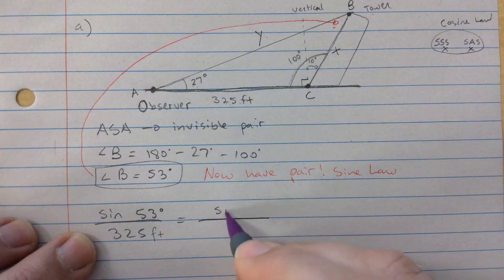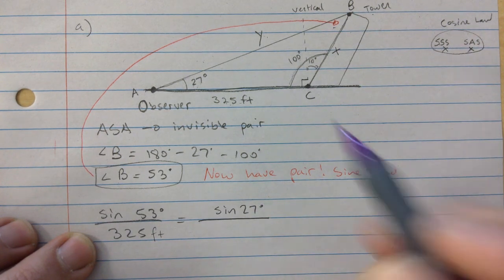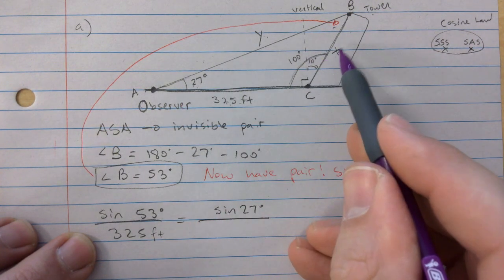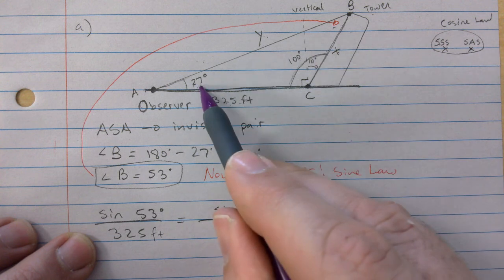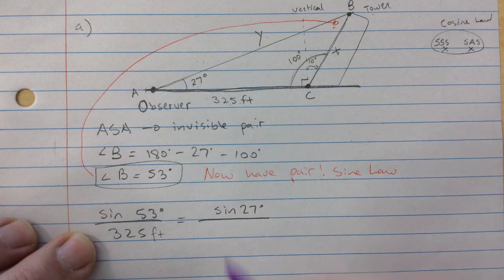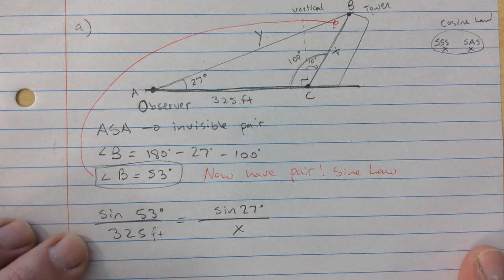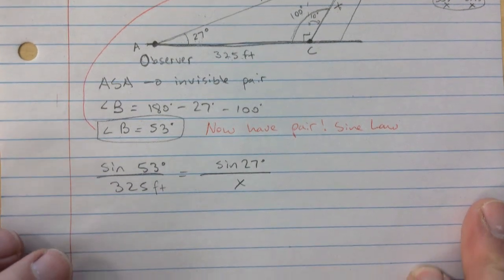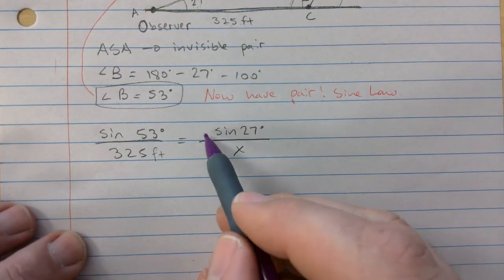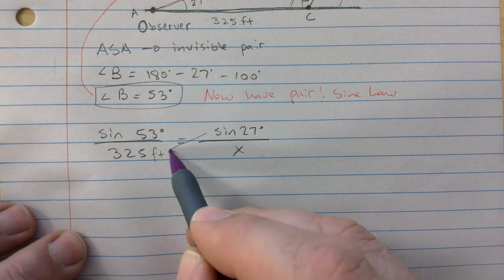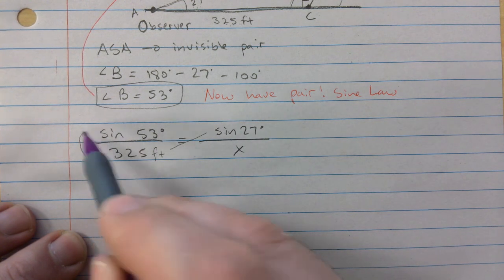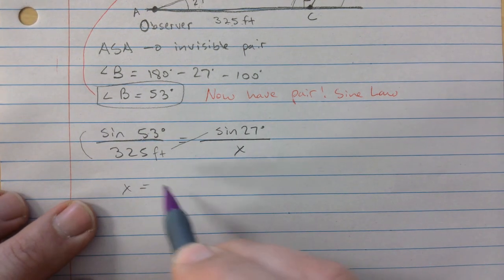Sine of 27 over x, because that's what we want. So you got to use the angle across. It's always across, right? Let's set it up like that and now solve it. So you cross multiply this way and you divide by sine of 53.